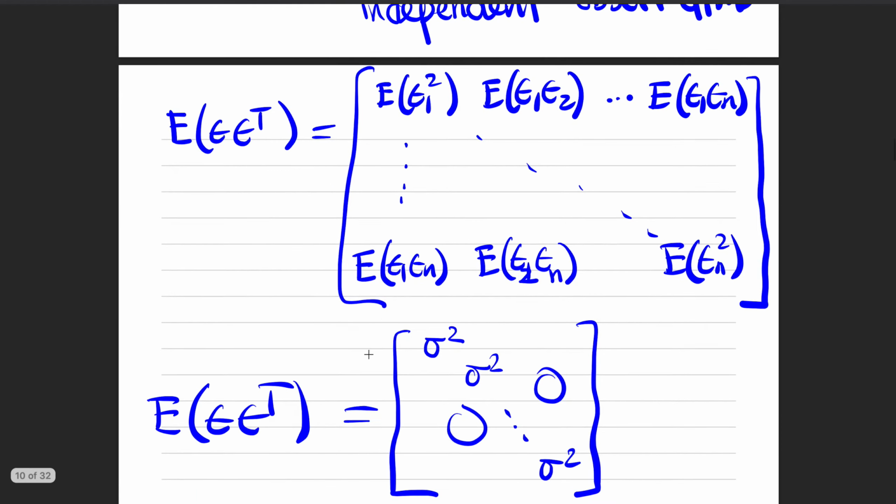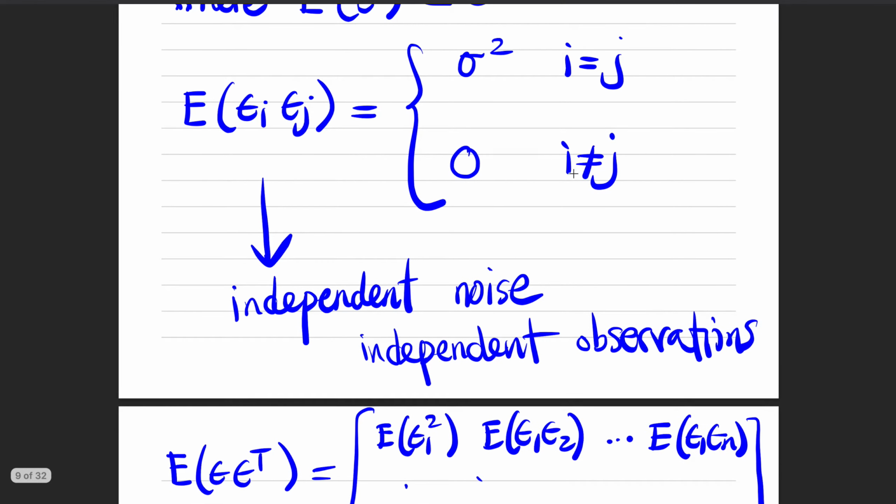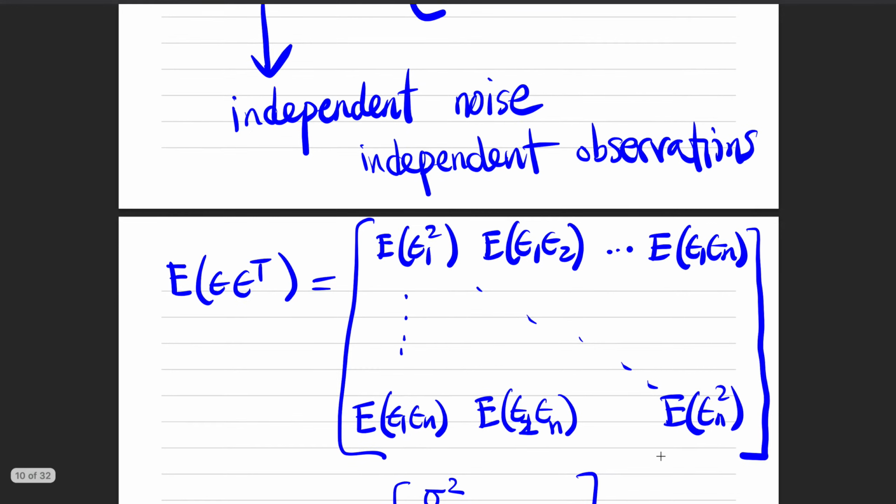Now, since we said that if i is not equal to j, the covariance term is 0, that means that the off-diagonal terms are 0.